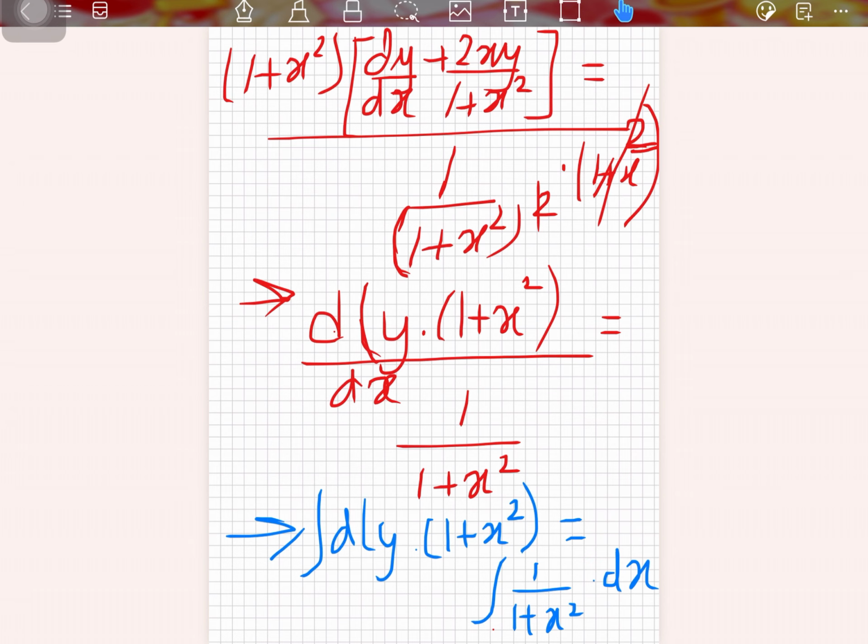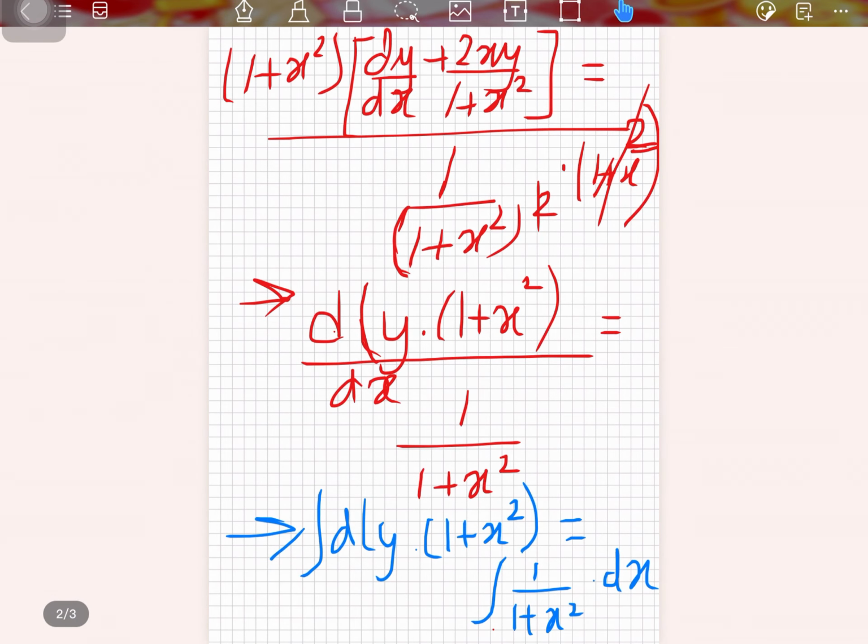If you want to look at things, you can pause. Now the final page. The derivative and antiderivative thing gets cancelled out, and what is left in the left hand side is simply y times 1 plus x square. And in the right hand side, I've done questions related to this in my previous videos as well.